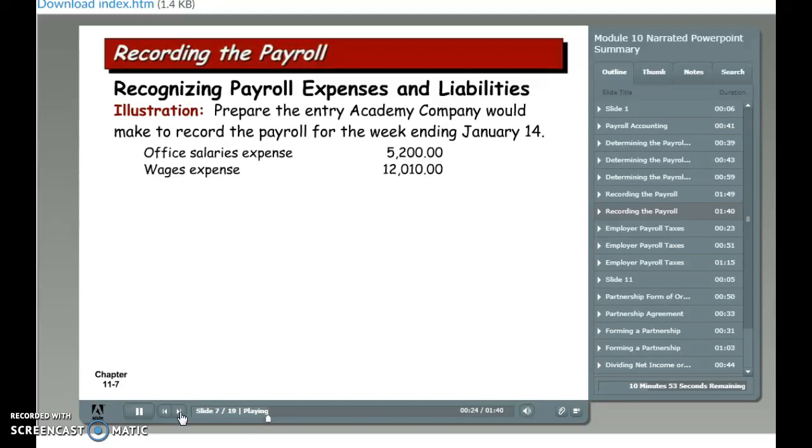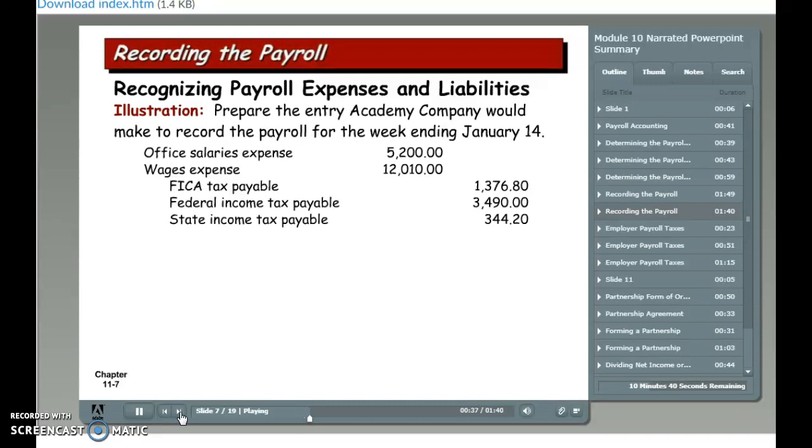Therefore, the related liabilities are recorded for FICA tax payable of $1,376.80, federal income tax payable of $34.90, state income tax payable of $344.20, United Way payable of $421.50, and union dues payable of $115.